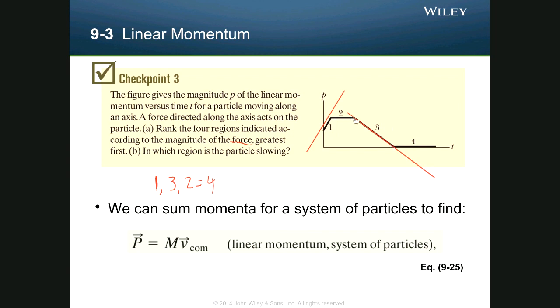Because we can see the momentum is decreasing. And then 4, it's not changing. So the only region in which the momentum is changing is region 3. Okay? Everyone is good on that one?